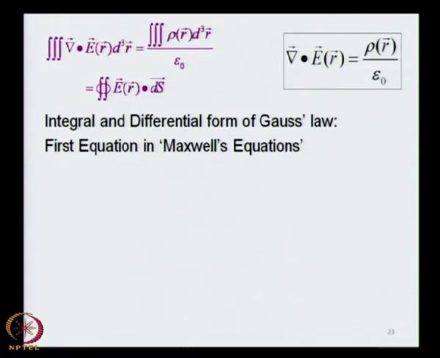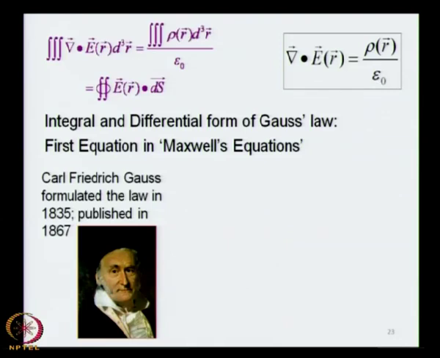So, what we have is the charge density appearing in the Gauss's law, and this is the first equation in Maxwell's equations. You can write it as these volume integrals or the surface integral. The reduction of the volume integral to the surface integral is a matter of elementary vector calculus, which we have discussed in considerable detail in an earlier unit of this course, and this is the famous Gauss's law, which was formulated in the 19th century in 1835, but published more than 30 years after that.